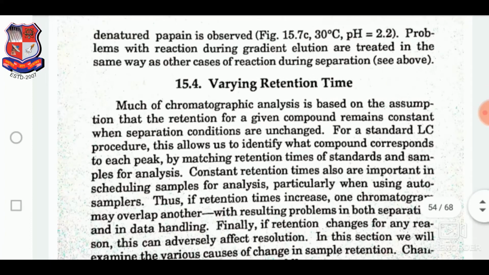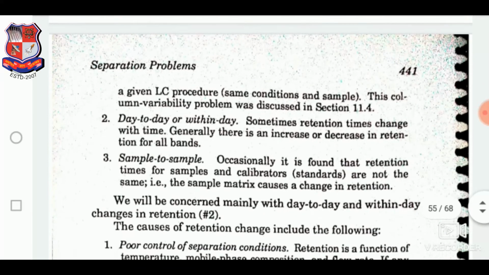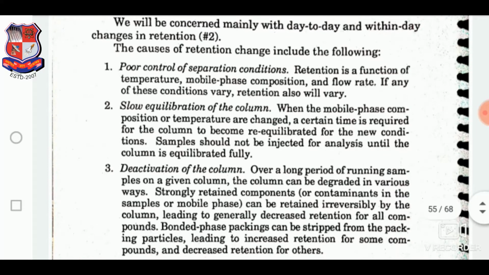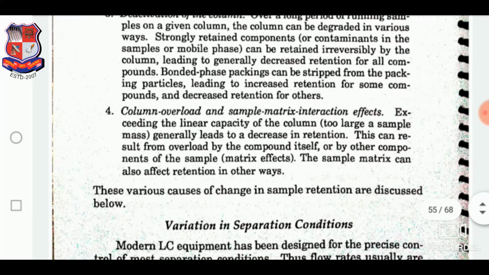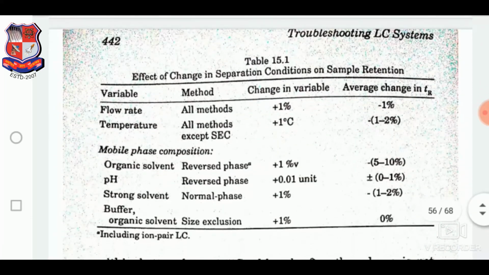So how does the variation in retention time happen? Column to column, day to day, within day, sample to sample. Causes include poor control of separation conditions, slow equilibration of the column, deactivation of the column, overload in sample matrix, and interaction effects. These are the possible changes and their influence on retention time.